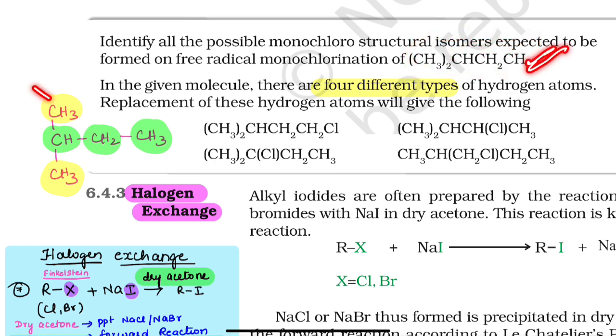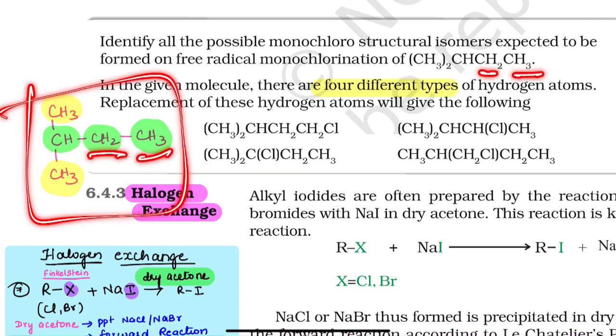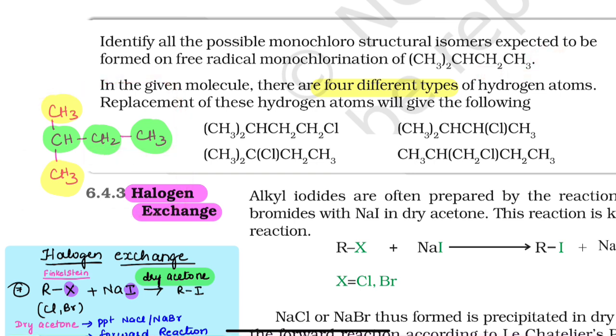So the same structure I have written here: CH3 2 times, so CH3 2 times is attached to this carbon, and then CH2 CH3. So this is the formula which is given here. So here check how many types of hydrogen atoms are there.